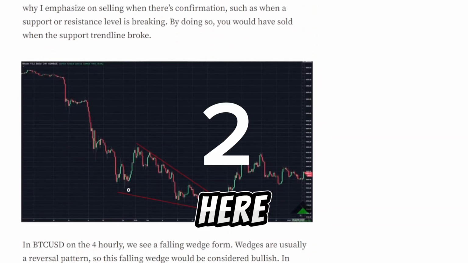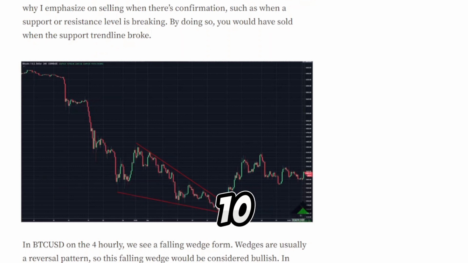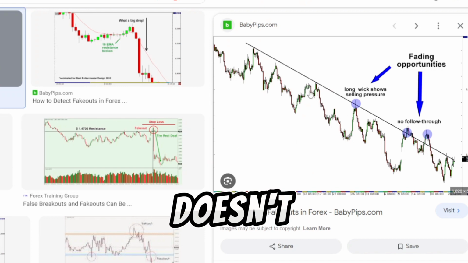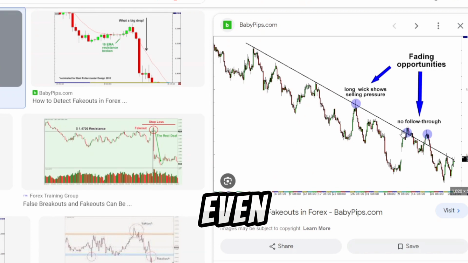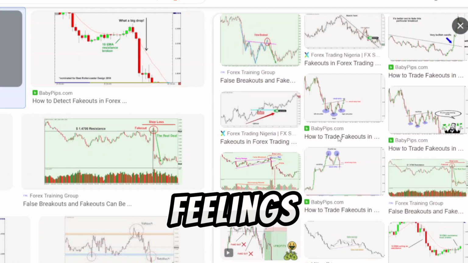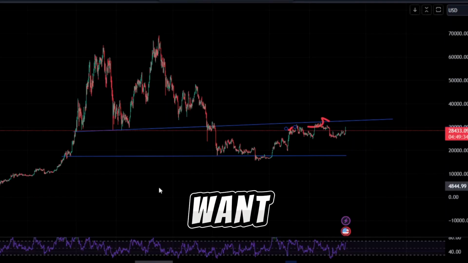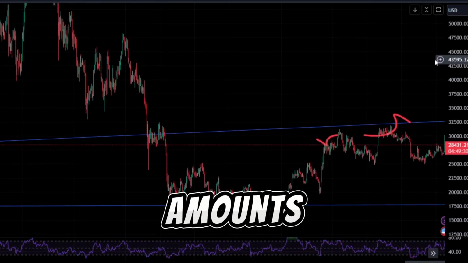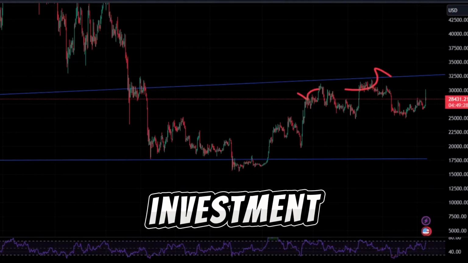Number 2. Here is some nice knowledge based on our 10 years of trading experience. The price action doesn't respect you and it doesn't know you even exist in some way. The markets don't care about your feelings. So the moment you want to enter a trade, consider price fakeouts by laddering in with several amounts into your position or investment.